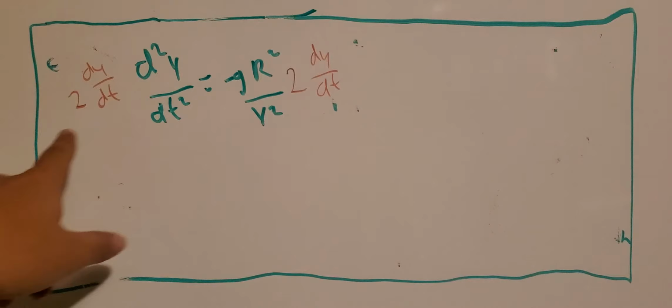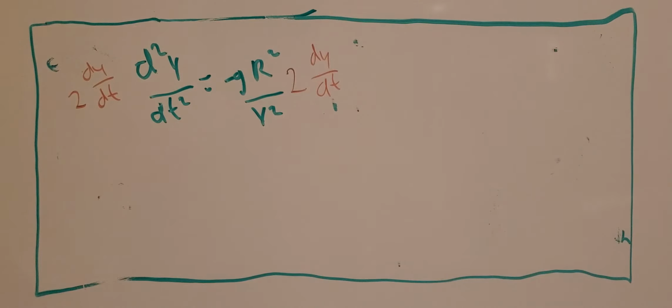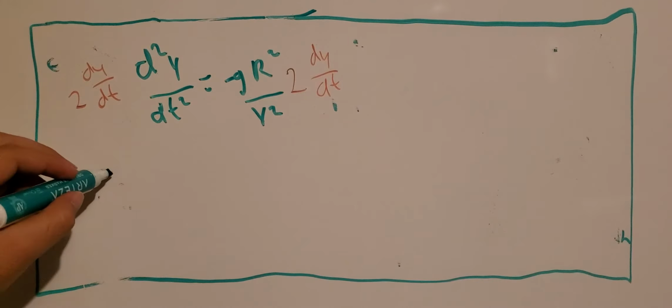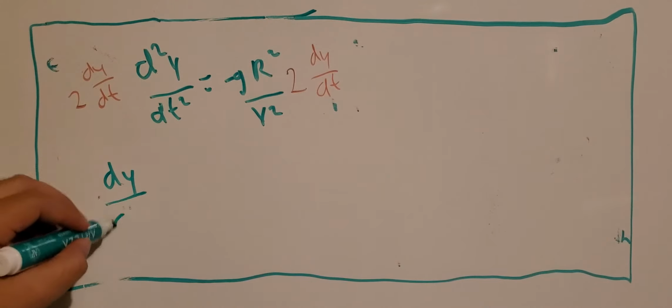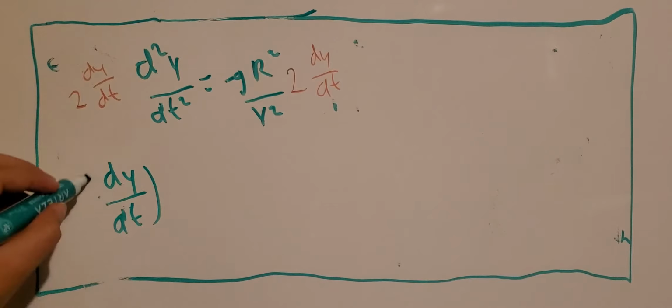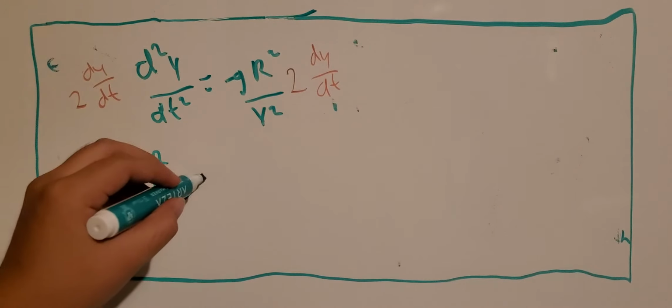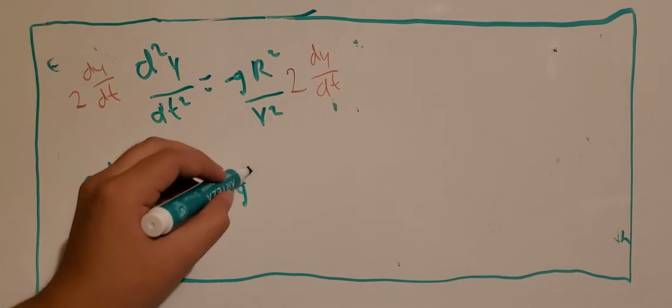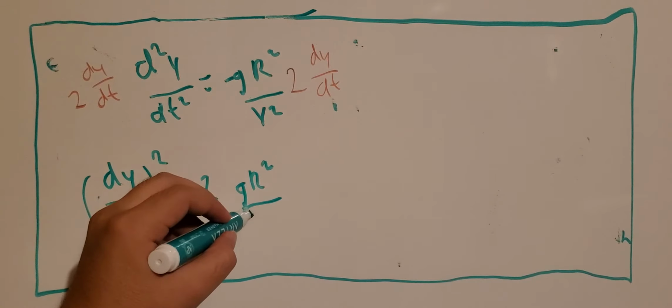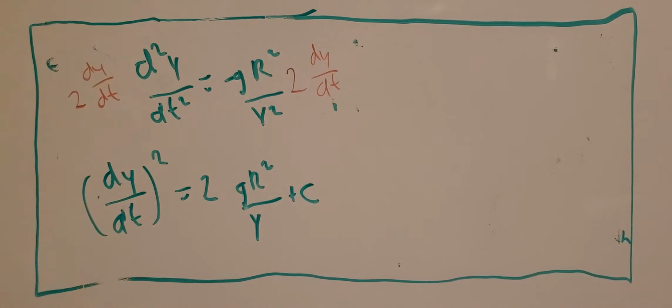So this is how it looks with multiplication. So now we will integrate and get the constant c. So we'll get dy over dt squared is equal to 2 g r squared over y plus c.